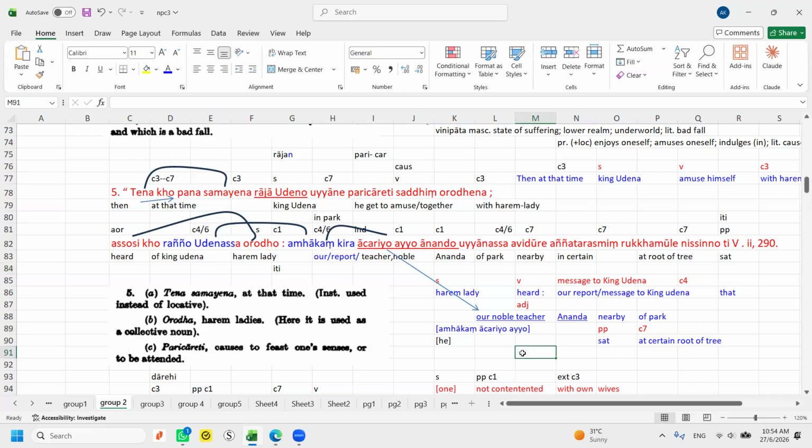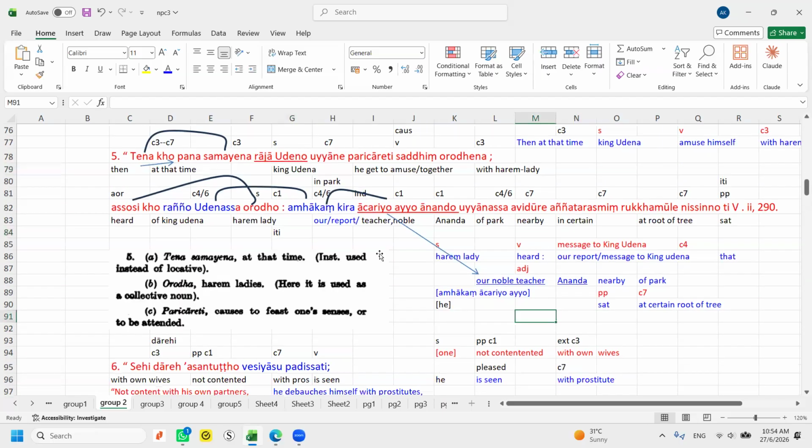So here the word that, I put one, because the next one after that, you see here the word is Acharyo Anando. Can you see this line I underline? This one is the subject. It means our noble teacher, Ananda. So I take this and join together.